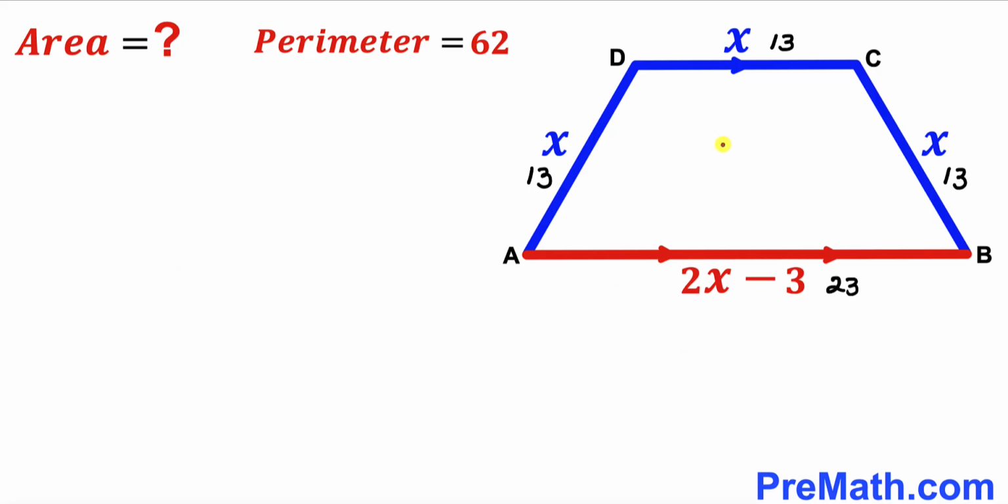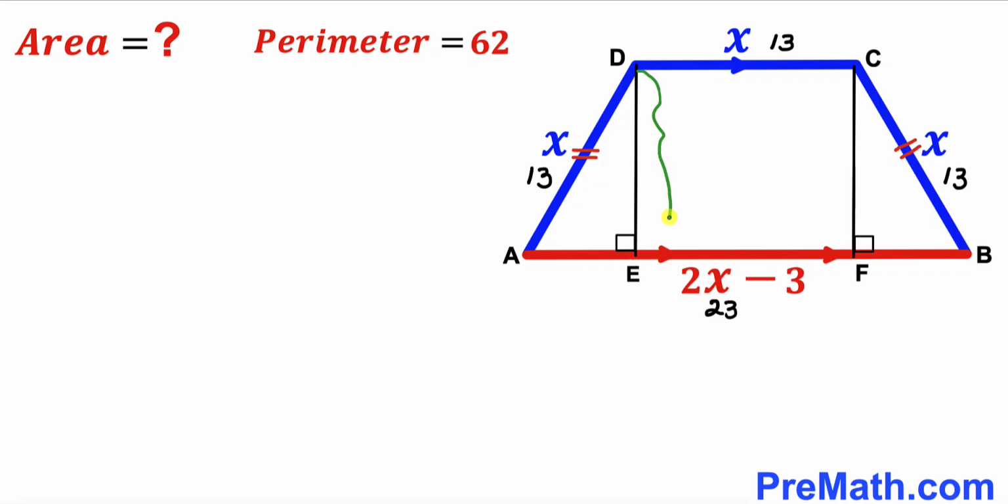Now let's focus once again on this trapezoid ABCD. We can see this is an isosceles trapezoid, since side AD length is equal to side BC length. So if we drop these perpendiculars DE and CF on this base AB, then segment AE length is going to be equal to segment BF length.